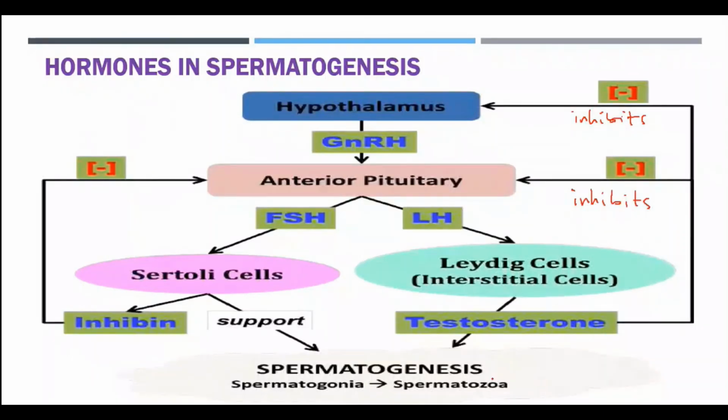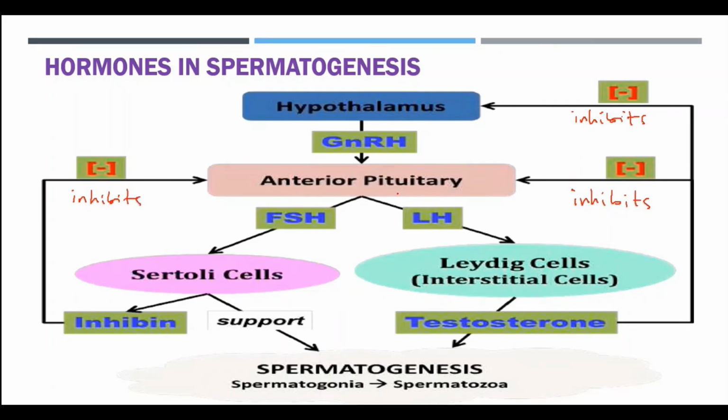And we can also see that there is another hormone that can also lower the production of the sperm. This will involve hormone number 5, known as the inhibin. When the Sertoli cell detects there are too many sperms being produced, the Sertoli cells will secrete this inhibin hormone, and the inhibin will be released from the testes, and it will go upwards to the brain, and it will inhibit the anterior pituitary gland.